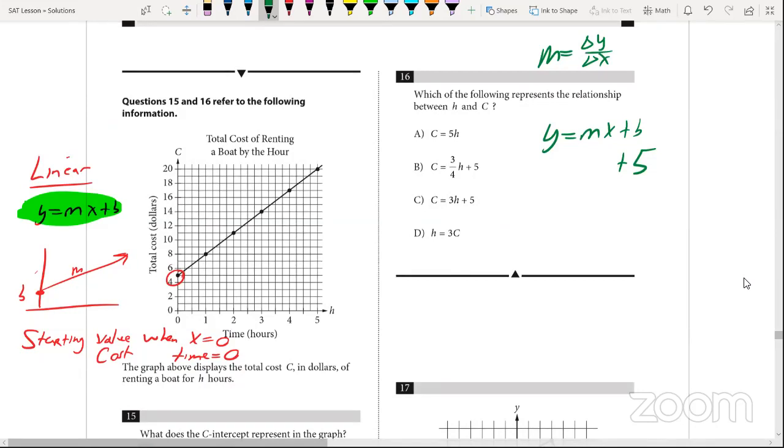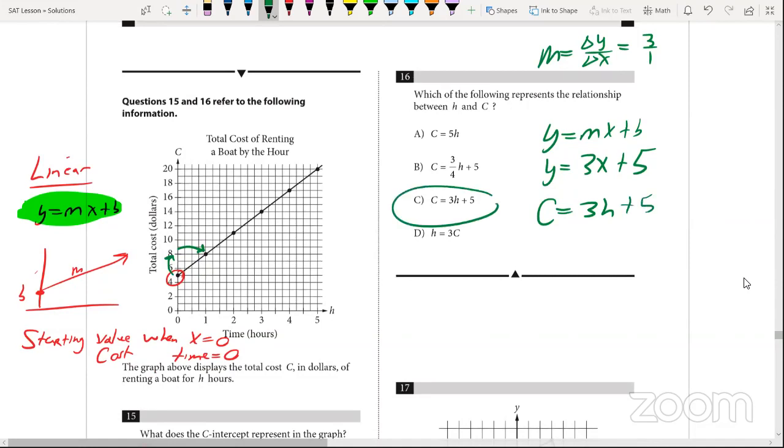If you're given the graph, I would prefer you do that over using the slope formula, but the change in y is a change in 3, and the change in x is a change in 1. So change in y over change in x is 3 over 1, so the slope is 3. y equals 3x plus 5, or in terms of the letters they used, C equals 3H plus 5.